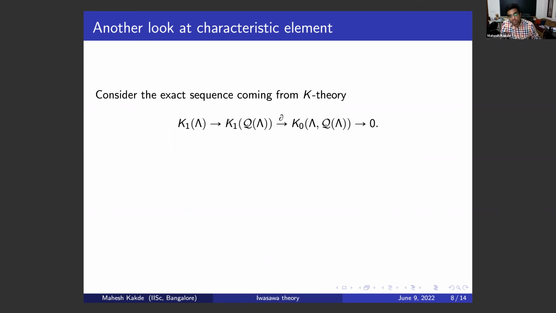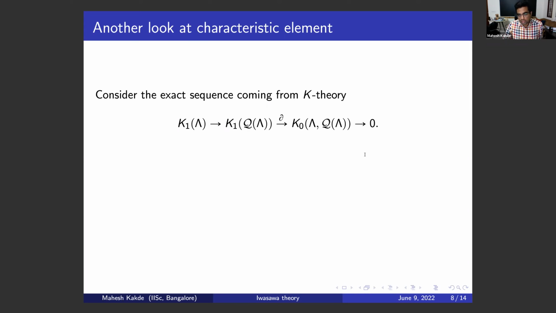There are various presentations of this K1 group, which I'm not really going to go into, but I'm just going to say that there's this exact sequence coming from K theory. So K1 of Lambda goes to K1 of Q Lambda, and then there's the boundary homomorphism to the relative K group, and one can show that this is surjective.